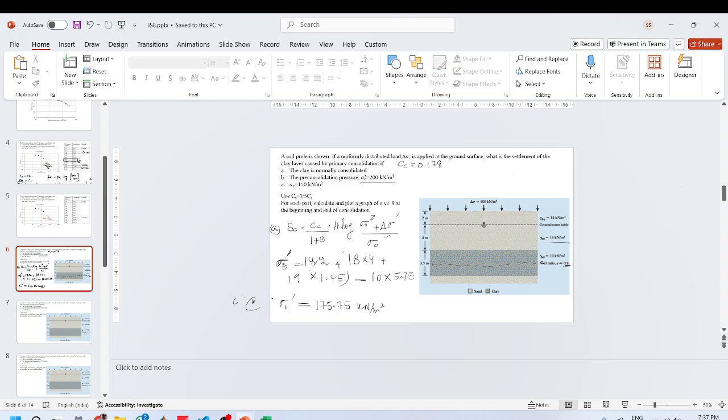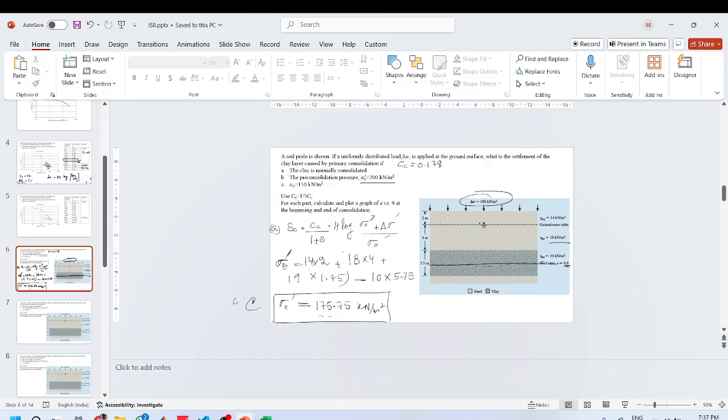Okay. So we got the pressure over the soil, the pressure that is acting without this load.